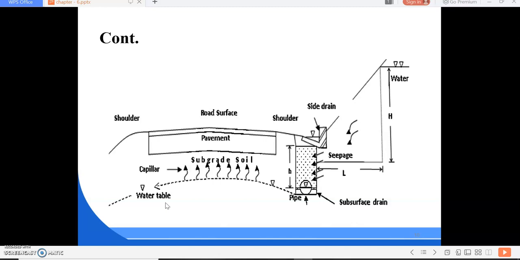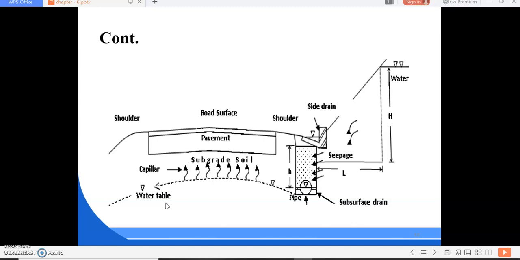A layer of granular material of suitable thickness is provided during the construction of the embankment, in between the subgrade and the highest level of the surface water table. The thickness of the granular capillary cutoff layer should be sufficiently higher than the anticipated capillary rise within the granular layer, so that the capillary water cannot rise above the cutoff layer.